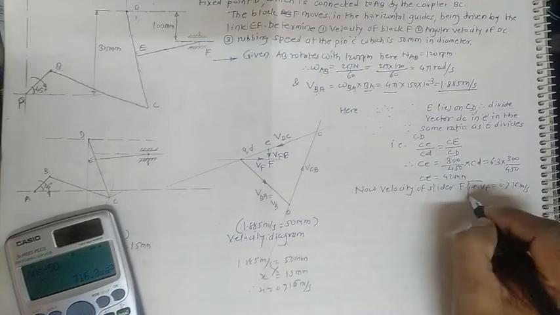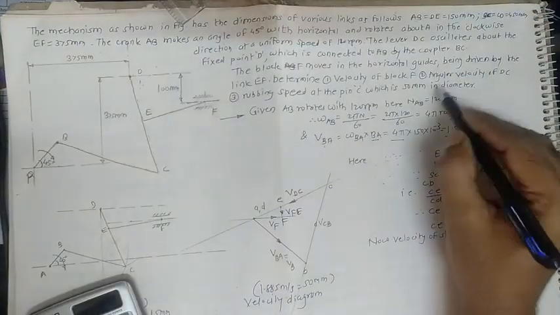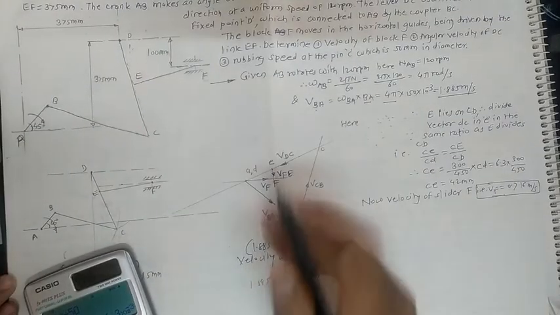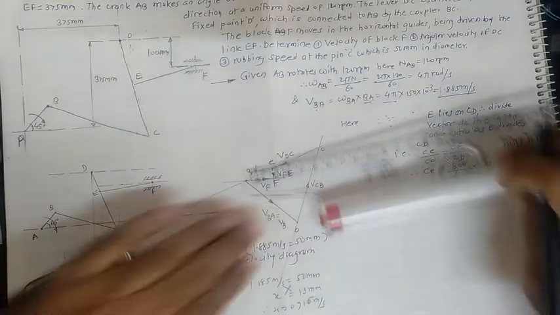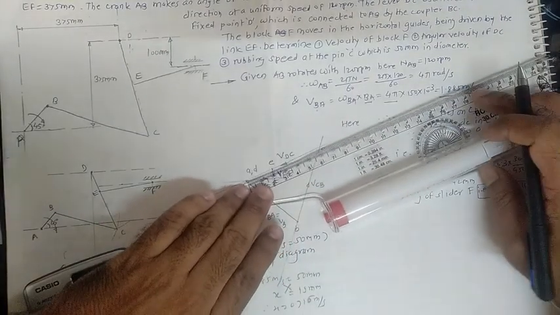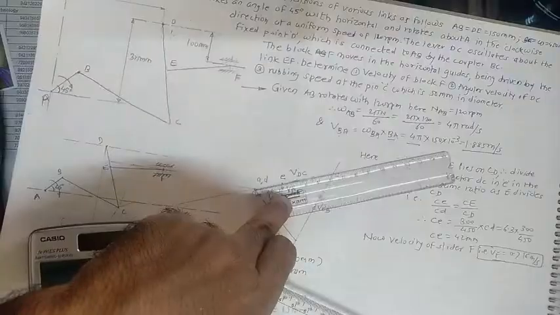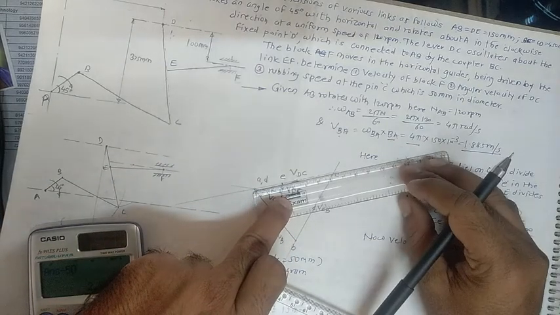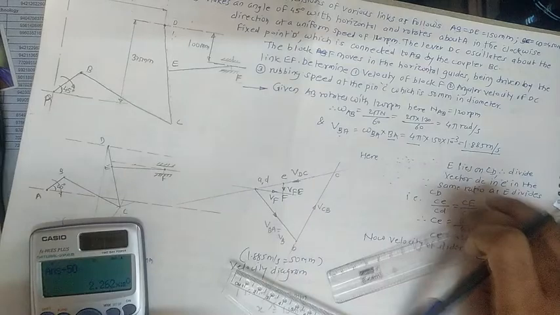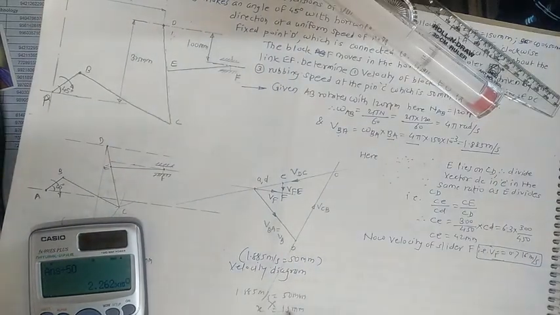Okay, then next, our target is to calculate the angular velocity of the link DC. For that, just concentrate on the angular velocity of the link DC. First of all, get this velocity, and after that, here we can get near about 60 mm. With the help of this scale, for the 60 mm, how much is the velocity?